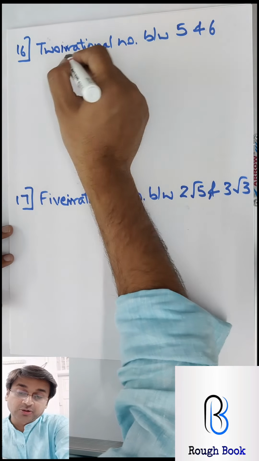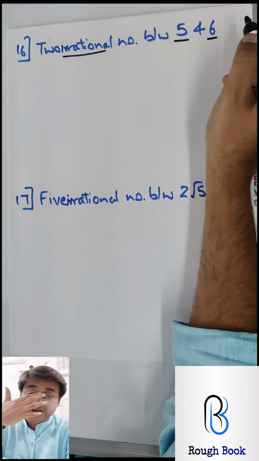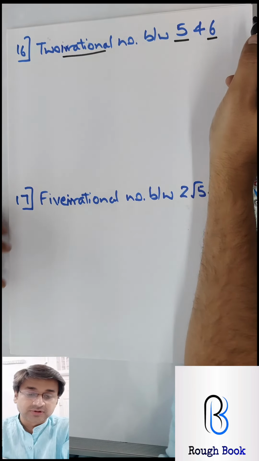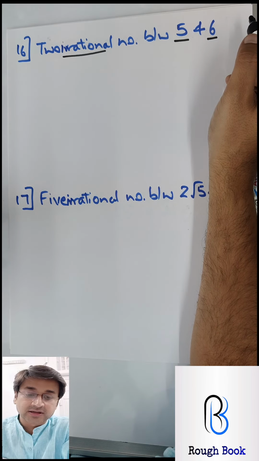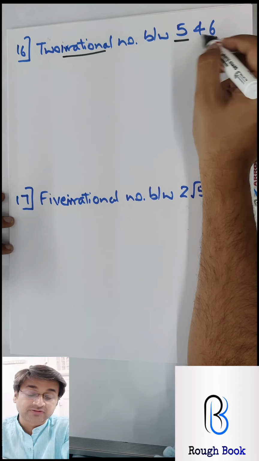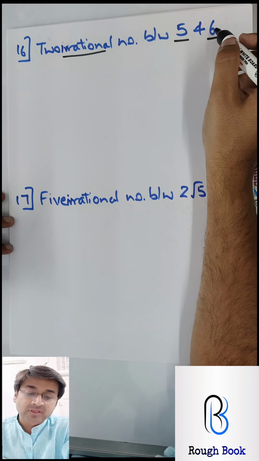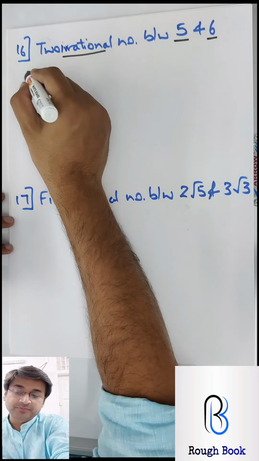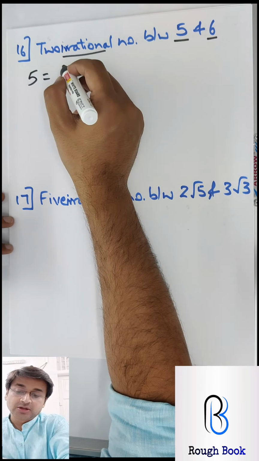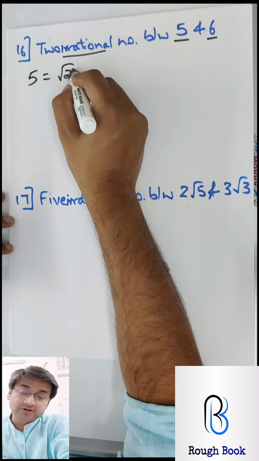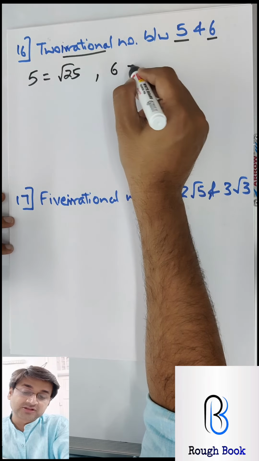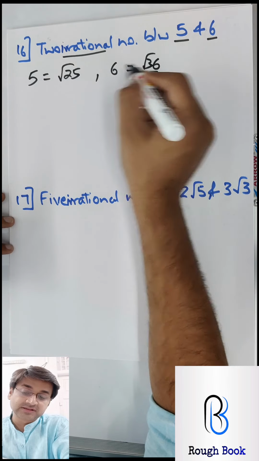Next one. Add two irrational numbers between 5 and 6. You can take anything in decimals probably and you will get it. So what easier method would be? 5 you can write in the root form, that will be root 25, and 6 will be root 36.